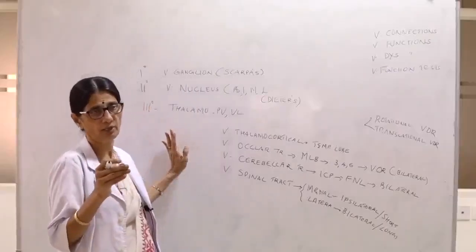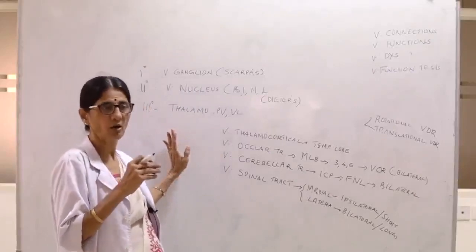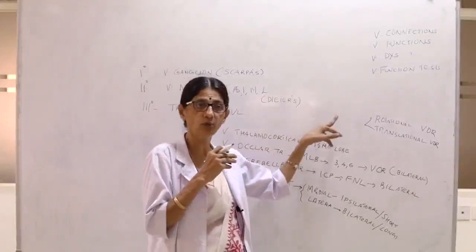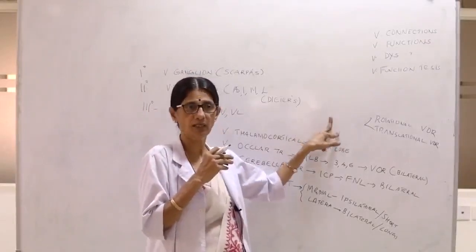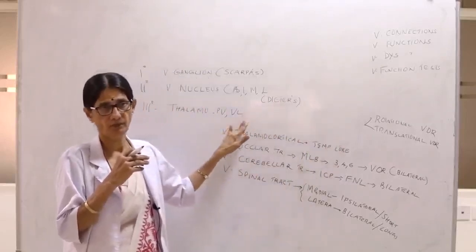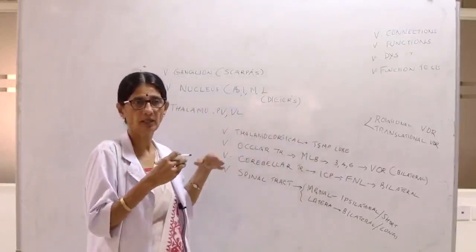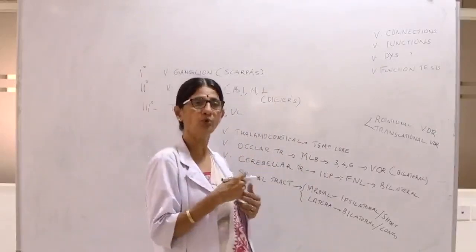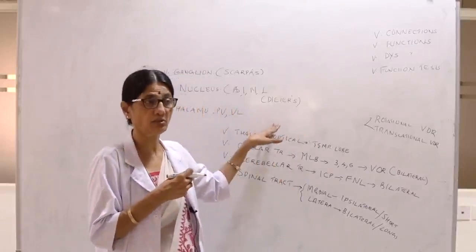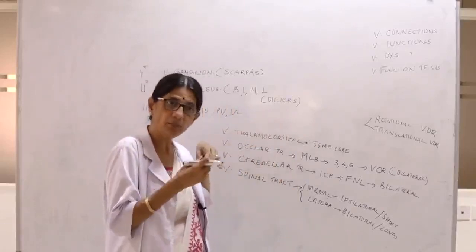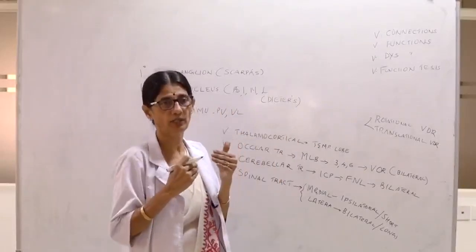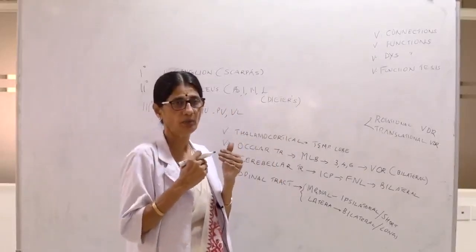This is possible because here comes the role of the flocculonodular lobe, which has a high predictive function, where it can predict the disequilibrium or the displacement that is going to happen, and it sends signals to the semicircular canals, which are able to detect at the beginning as well as at the end of the movement, whatever be the type of movement that happens.